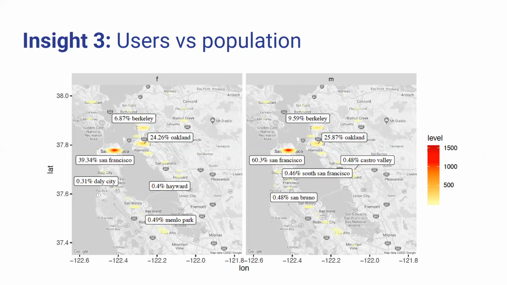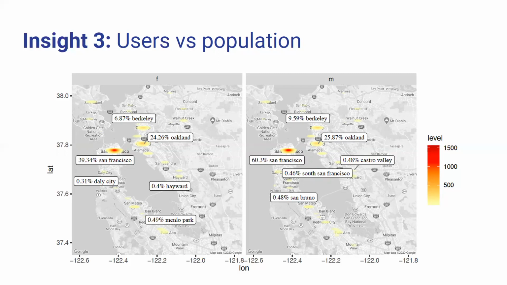On each side of this image, we have the top 3 highest percentages of use and the lowest. As we see here, in Oakland, San Francisco, and Berkeley, we have the highest usage for the female, and Menlo Park, Daly City, and Hayward have the lowest.